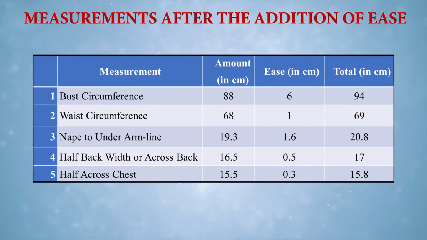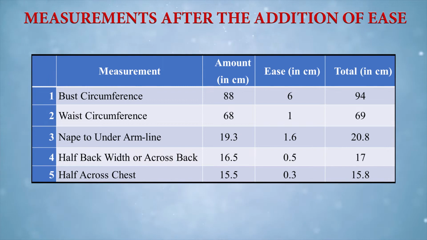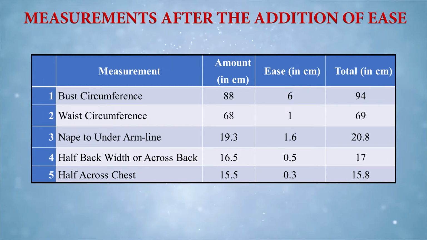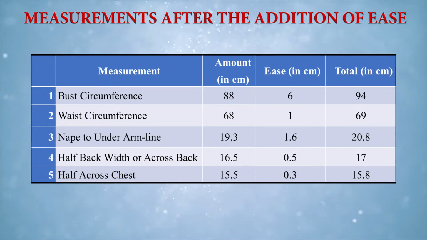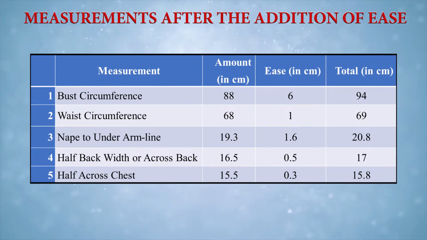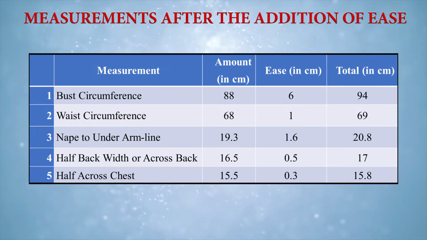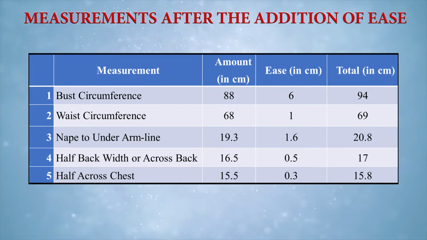Like for the bust circumference, if the actual measurement is 88 centimeters, we generally add 6 centimeters of ease. So the exact total we get is 94 centimeters. In this way, at the waist circumference we are allowed to add only 1 centimeter of ease, because you can imagine if we add 6 centimeters of ease to the waist, it will be a very loose-fitted garment.